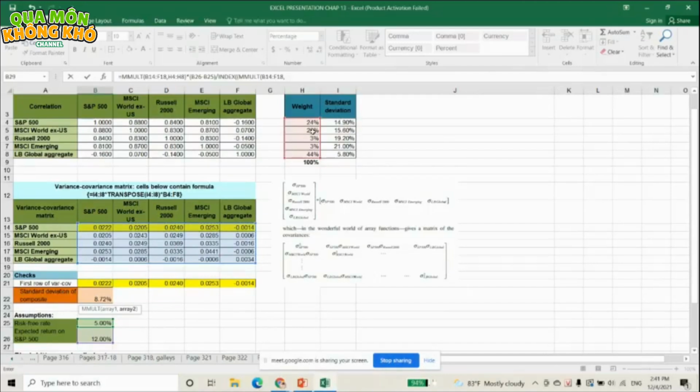And the second array is weight, comma one. And don't forget plus risk-free rate. So Control Shift Enter.